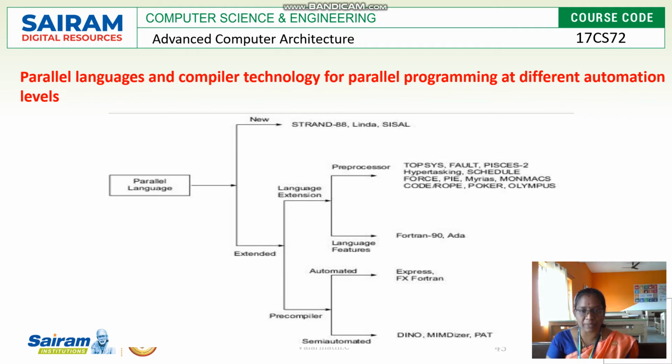The pre-compiler is again divided into automated and semi-automated. The best examples for automated pre-compiler are Express and FX Fortran, and for semi-automated, Dino, MIMDizer, and PAT. And some of the example preprocessors given here are the famous Hypertasking and Poker Olympus.